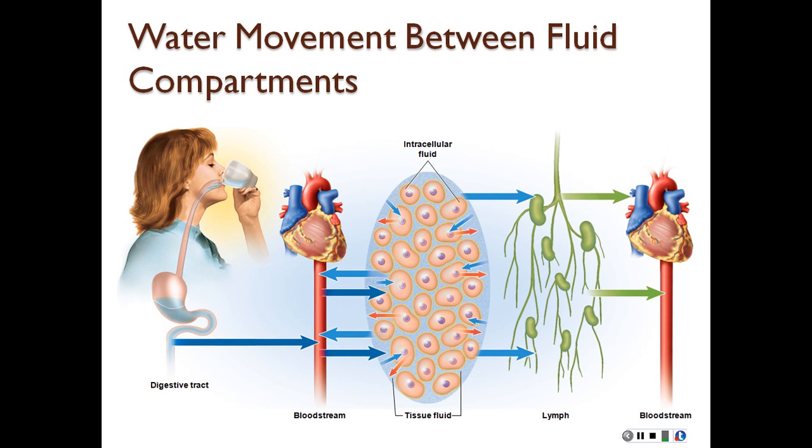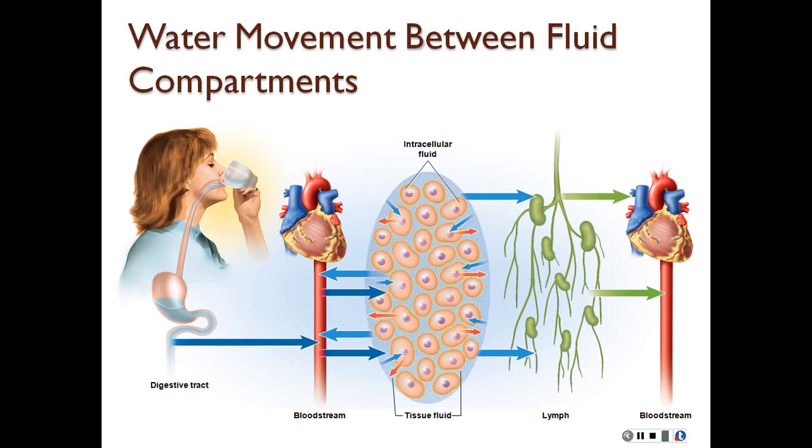So some of the extracellular water can go into the cell, and some of the water in the cell can come out into the interstitial fluid. What we're talking about here is what determines when water goes in and when water comes out of the cell. Changes in concentration of dissolved substances control that.